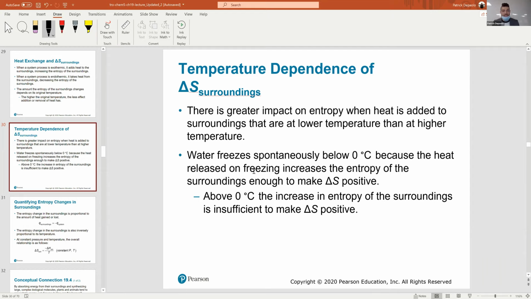And it will increase the entropy of the surroundings more than the entropy lost from the ice, because there are more molecules in the surroundings. So that's why delta S would be positive, even when going to a less entropic system state.